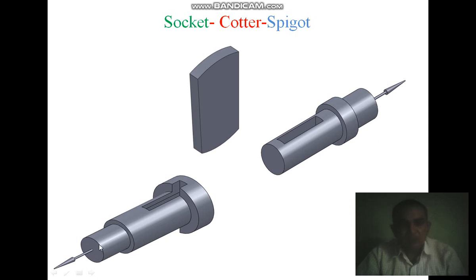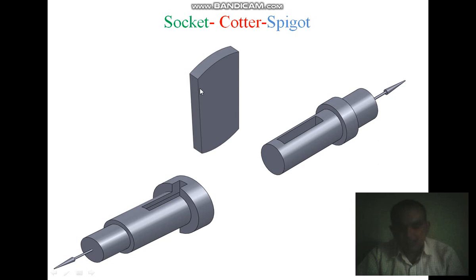It may be a wire rope, some bar, or another element connected to the end of the socket and the spigot. The cotter has one side perpendicular to the direction of the force, and one side slanted with respect to that direction, and the slant is called the wedge.